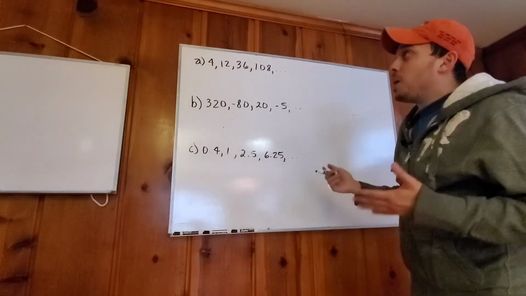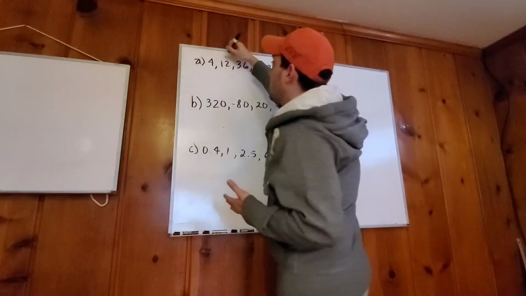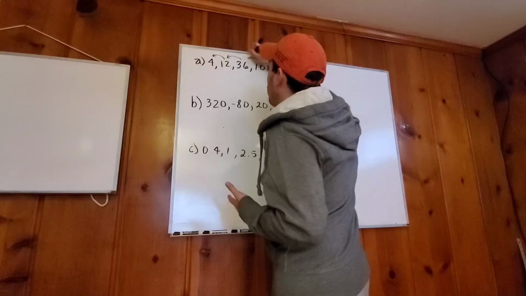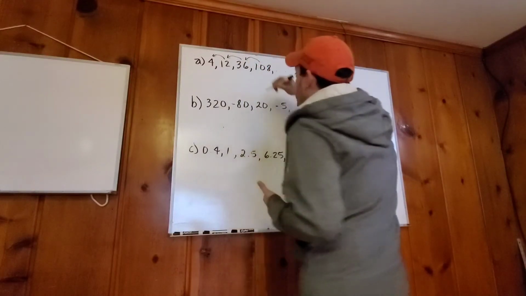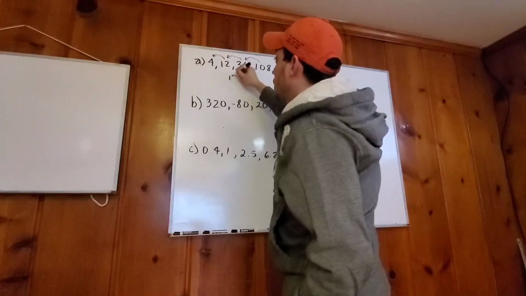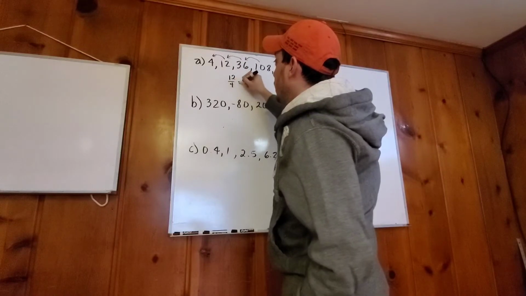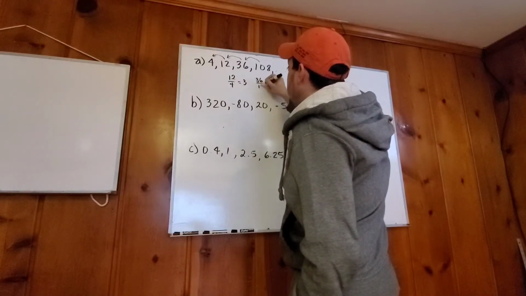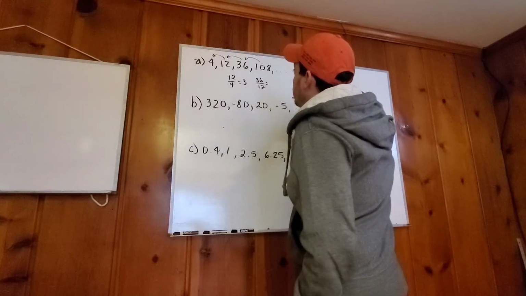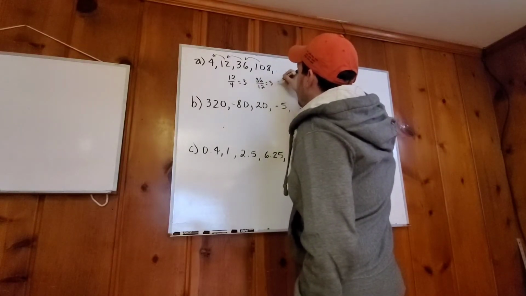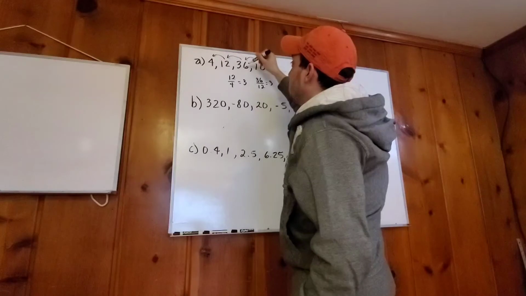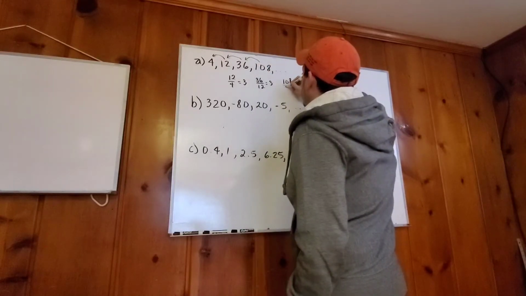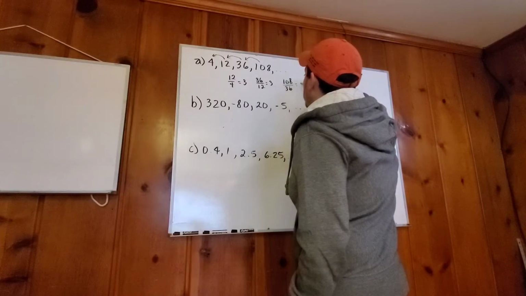Okay, so what we are supposed to do is go always backwards from 12 divided by 4, 36 divided by 12, 108 divided by 36. And so if you divide 12 divided by 4, you're going to get 3. If you divide 36 divided by 12, you're going to get 3. If you're going to divide 108, divide into 36, you're going to get 3.